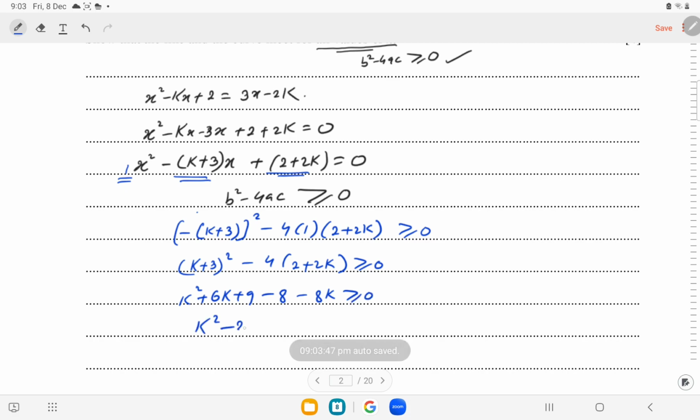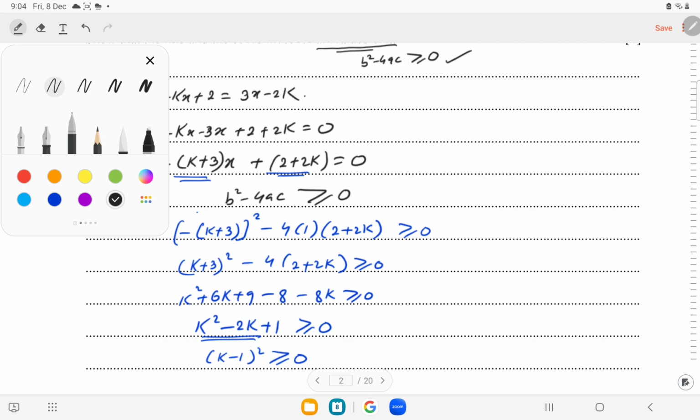So k square minus 2k plus 1 greater than or equal to 0. Here you can complete the square or factorize it. So we will get k minus 1 whole square bigger than or equal to 0.